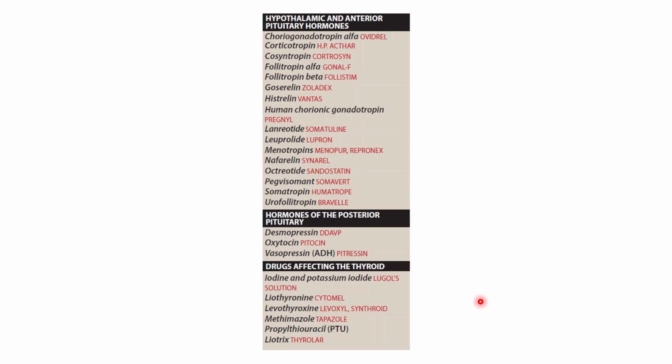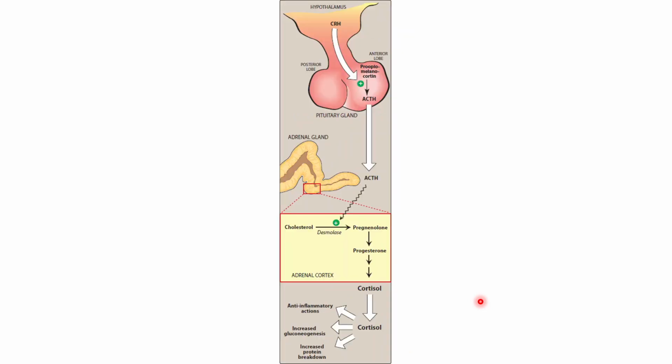Okay, so this is the overview of the hormones, and the first hormone that we will discuss is adrenocorticotropic hormone, or corticotropin.